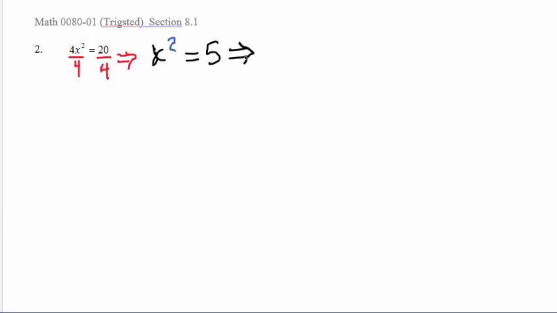Then if I want to eliminate the exponent of 2 on the x, I have to apply the plus or minus square root to whatever's on the other side of the equals. In this case, that's a 5.